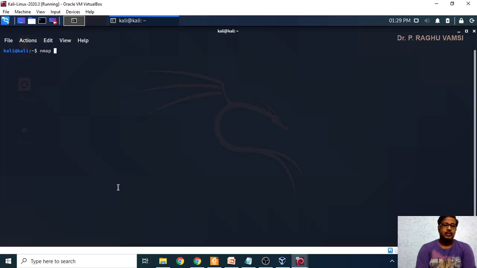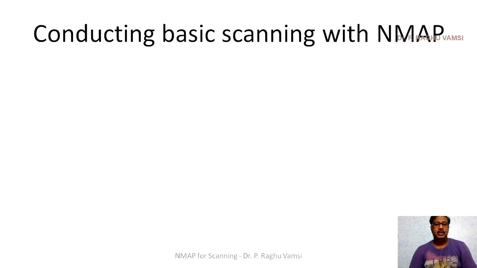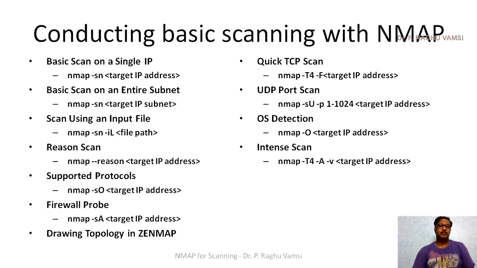Now we will see the various basic scanning options used in nmap, and we will apply those nmap scanning techniques here and see the results. Conducting the basic scanning with nmap. These are the various basic scans you can use with nmap, like basic scanning on a single IP. Whenever I say target IP address, it is the IP address you want to target and get information about.